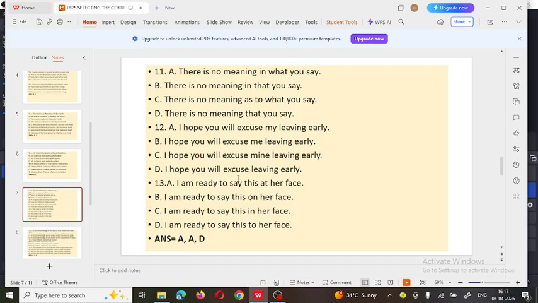That is not given, so the meaning is not clear here. In option C, "excuse mine leaving", the objective form is used. Then "I hope you will excuse me" is used, so that meaning is different. Leaving early is about whom? That answer we must get, and that's why option A is correct.